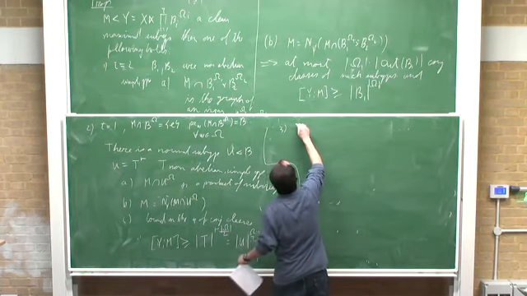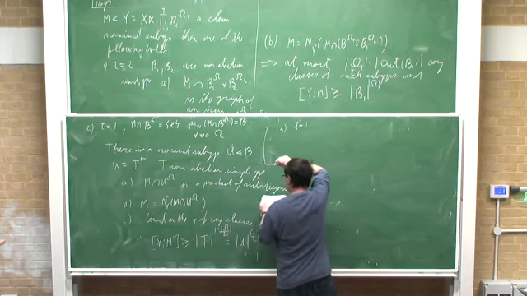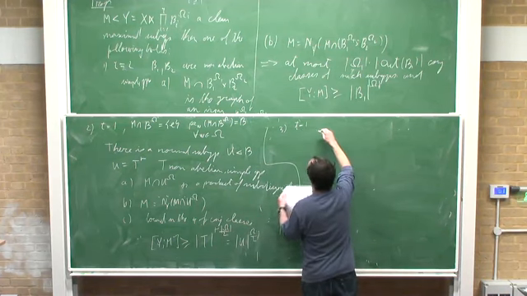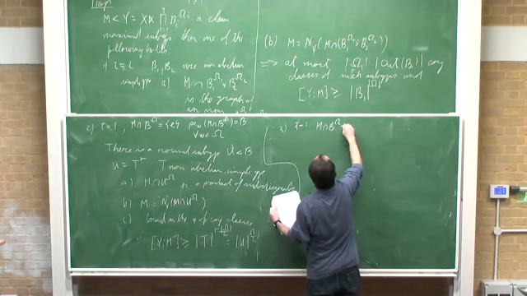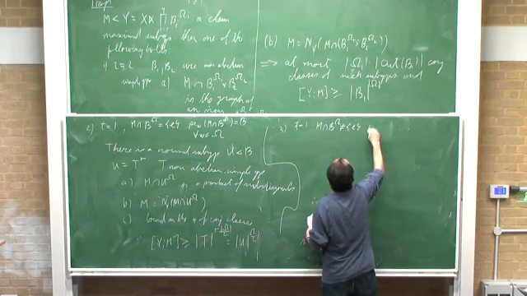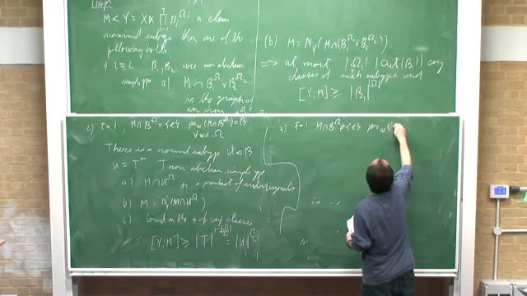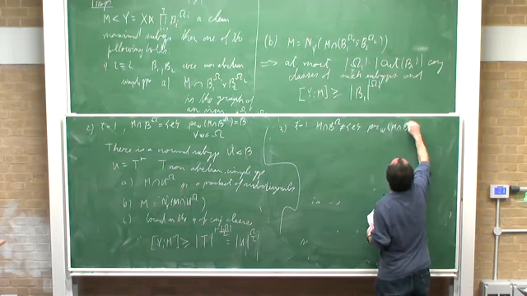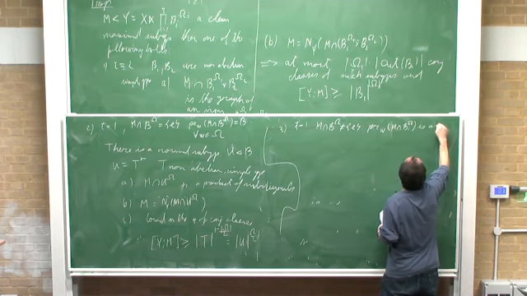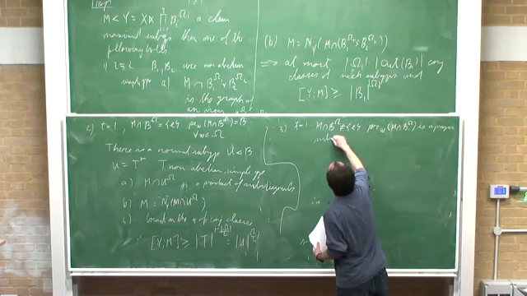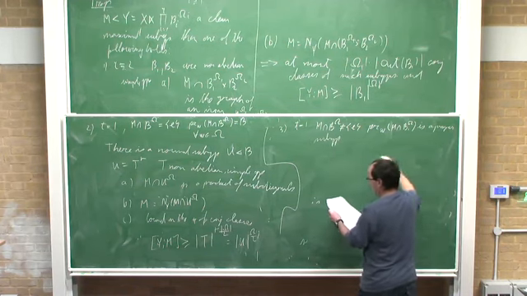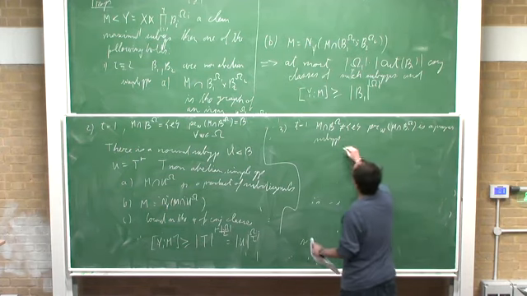Then maybe I'll just write that there is another possibility, that again t equals 1, but now this intersection with B to the omega is not trivial, and the projection of the intersection is a proper subgroup. And again you get some bounds of this type.